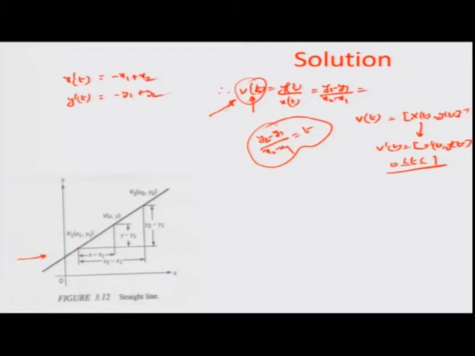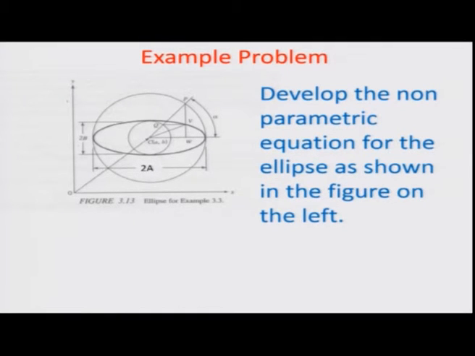I will have you solve another example problem, where we want to develop the non-parametric equation, in this particular case of this ellipse, which has a major axis of 2a and a minor axis of 2b, and compare that with the parametric form.